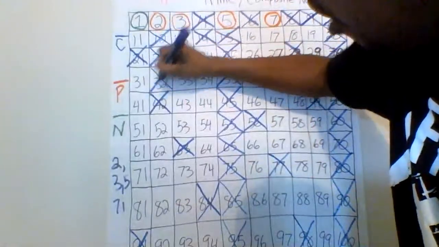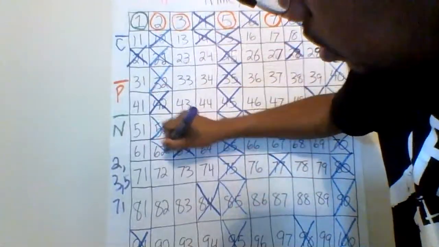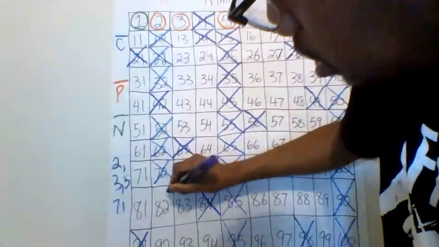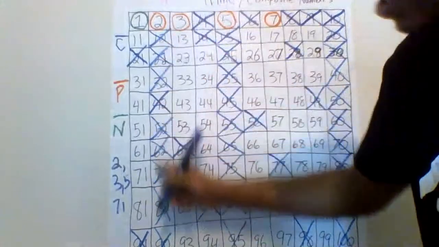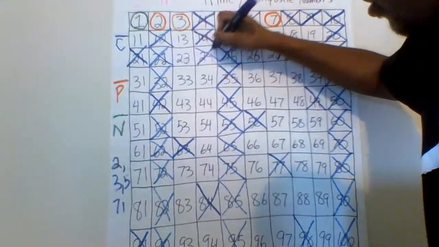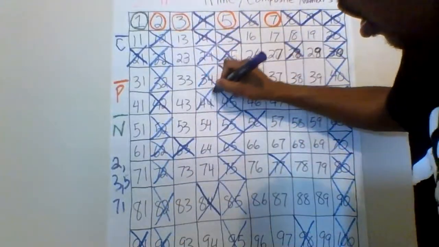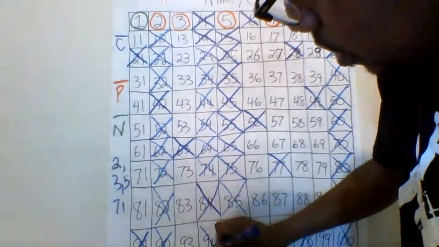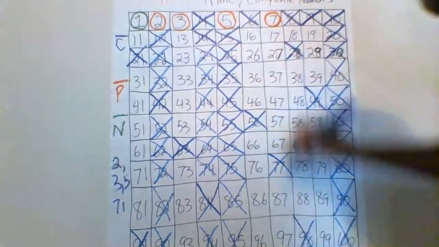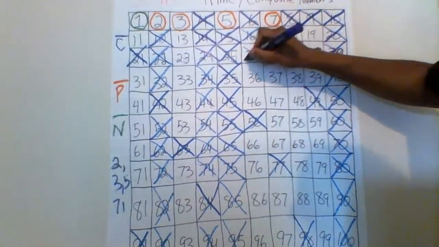So I'm going to cross out all my numbers that end in 2. All right? That whole column is gone. All my numbers that end in 4. That number's gone. 6.